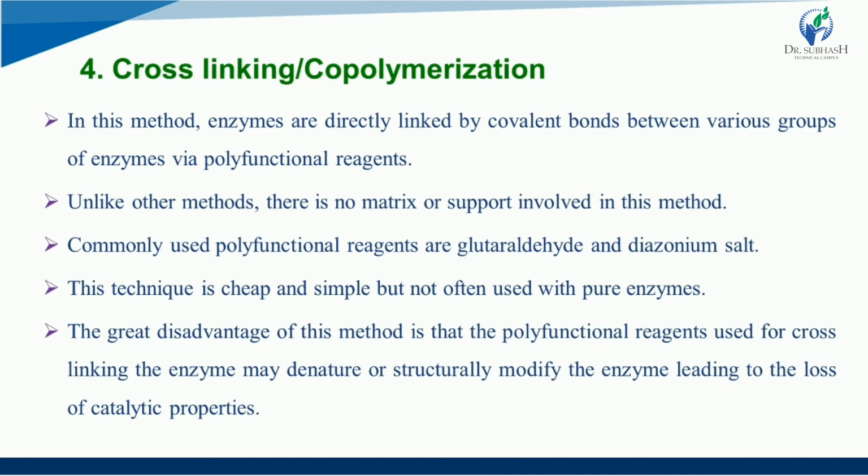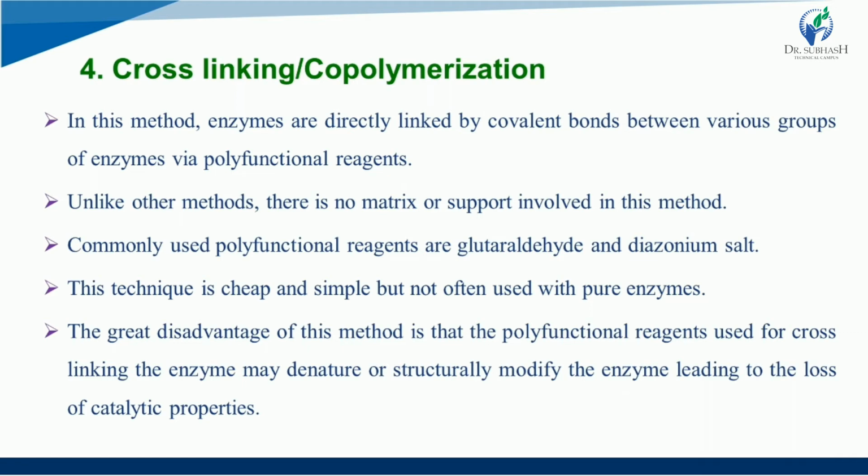The greatest disadvantage of this method is that the polyfunctional reagents used for cross-linking the enzyme may denature or structurally modify the enzyme, leading to the loss of catalytic properties. So the biggest disadvantage is that the reagents, such as glutaraldehyde and diazonium salt, may denature the enzyme or structurally change it, leading to loss of catalytic property.